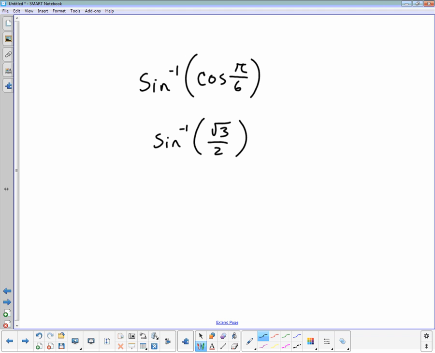Think of the unit circle. It's a large y value, so there are two places where it exists. What are they? Pi over 3 and 2 pi over 3.